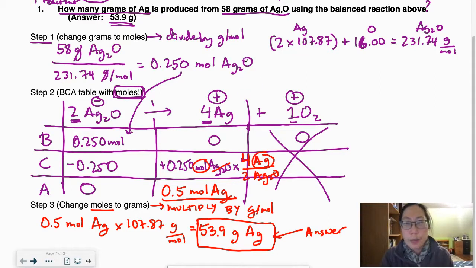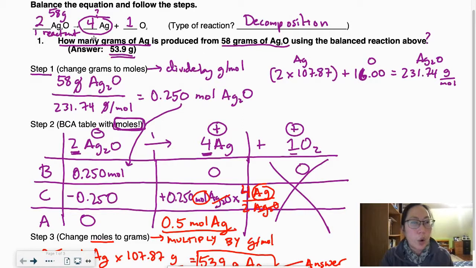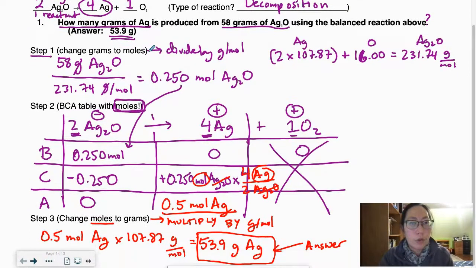Let's just summarize the steps, right? First, okay, always good to label your problem. Label your equation with what's given and what you need to find. That's just good reading practice for word problems. And then the steps. First step, change your grams into moles by dividing by the molar mass, the grams per mole of that substance.